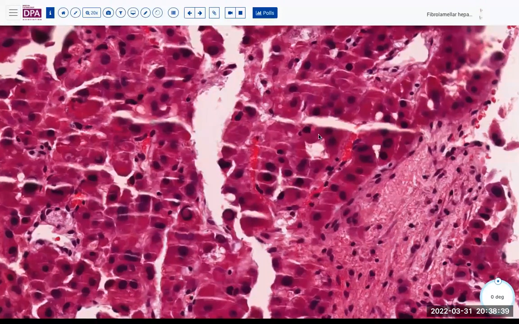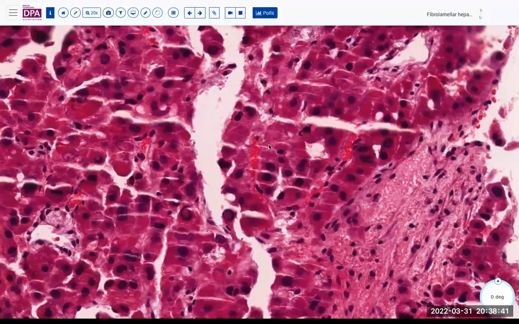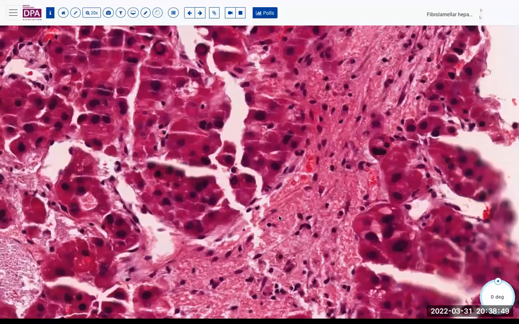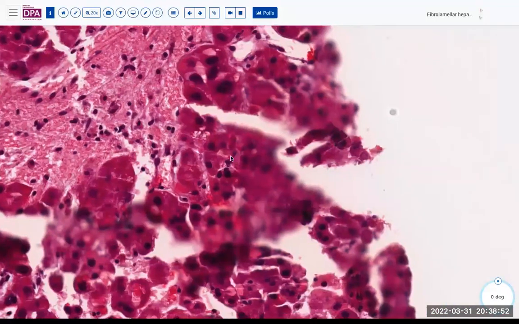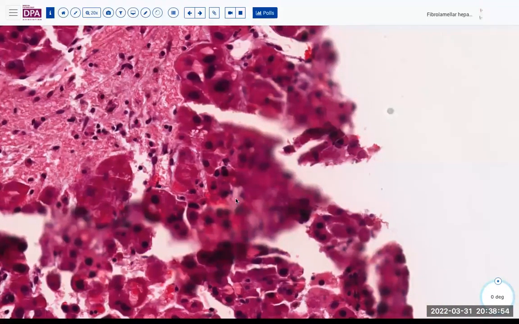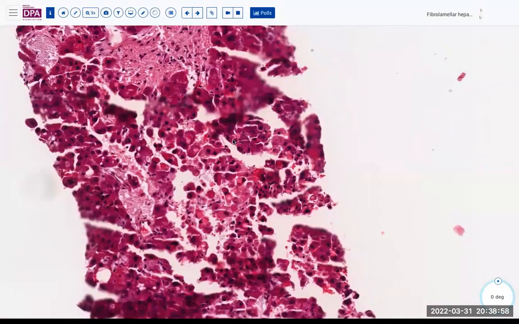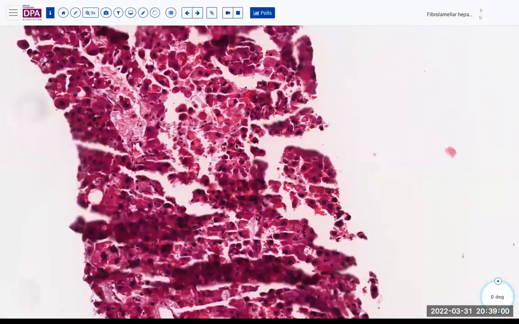And there's a degree of anaplasia here. They're not organized with usual sinusoids. There's some nuclear atypia here, a ring cell. But it's this very pink cytoplasm, a degree of cytologic atypia that should suggest the diagnosis.